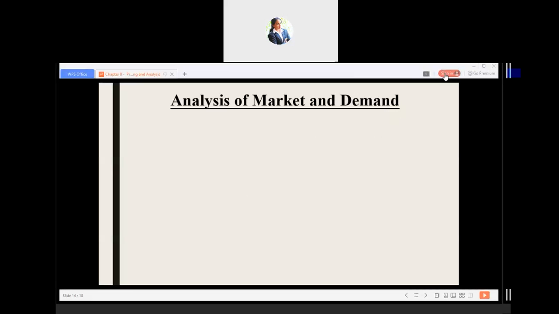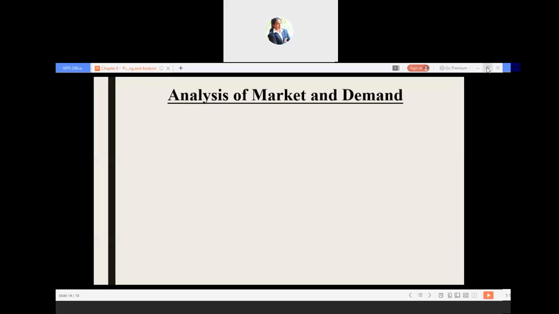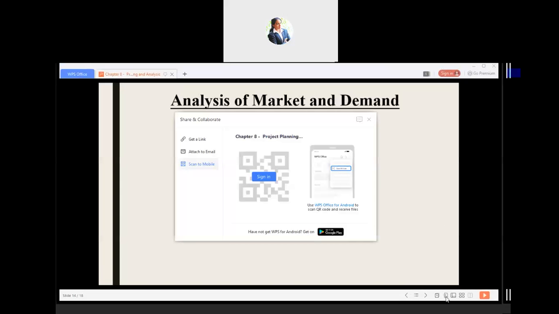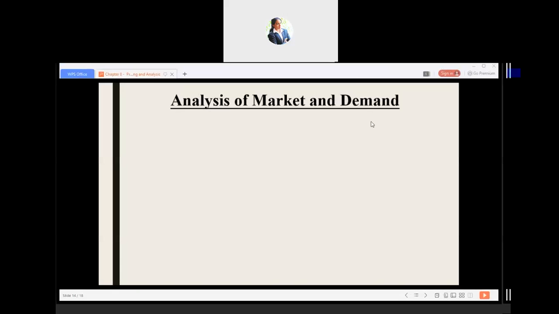In our earlier session, we were discussing the analysis of market and demand under Strategic Financial Management. In that, we had already discussed situational analysis and specification of objectives.